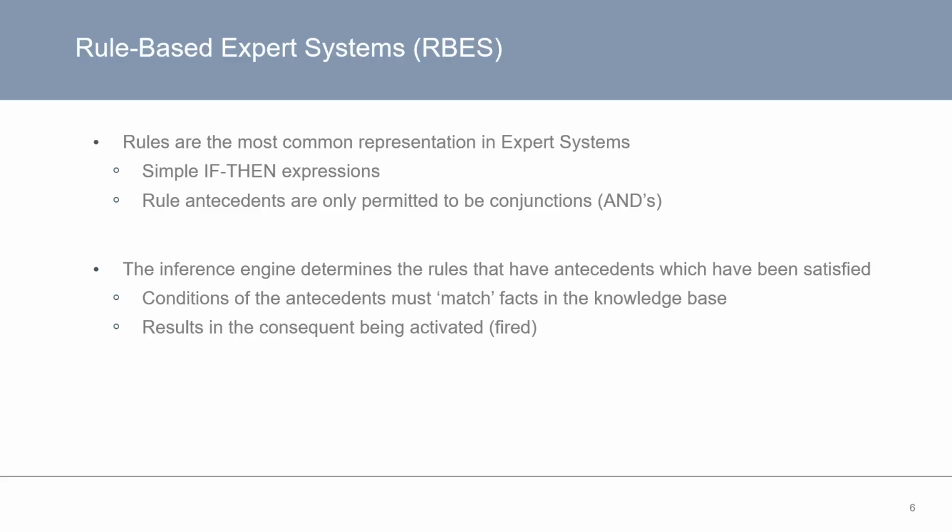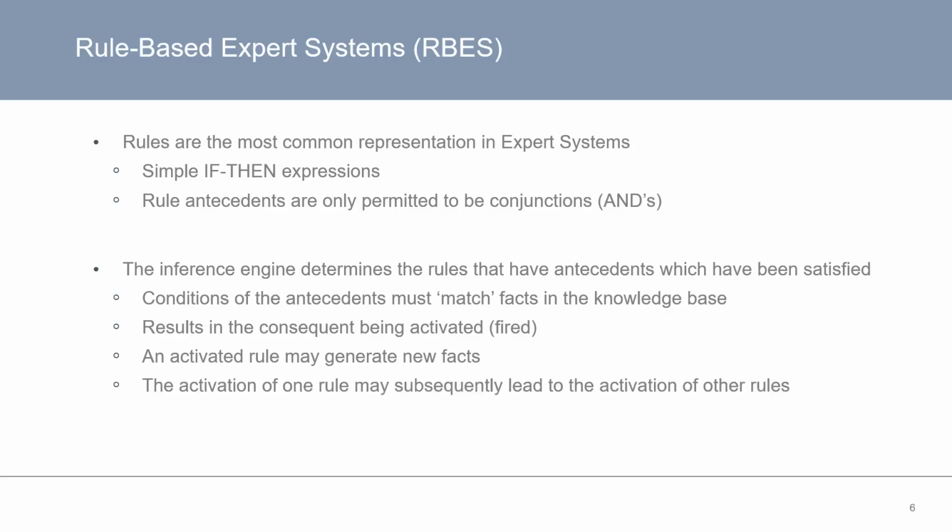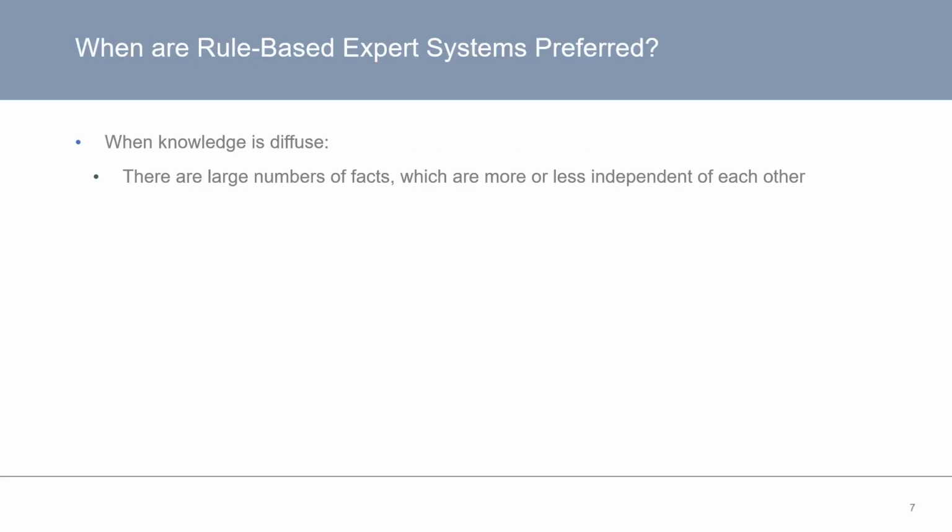We'll get into the specifics of forward chaining later in this lecture. Notably, an activated rule may subsequently generate new facts, which are added to the temporary knowledge base of the expert system. And this activation of a rule may subsequently lead to the activation of other rules downstream, when their antecedents become satisfied.